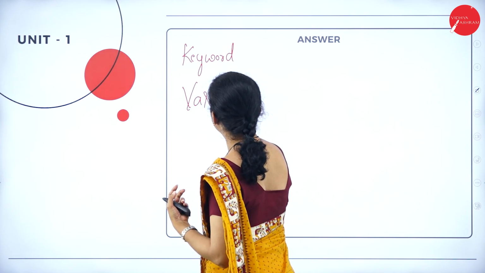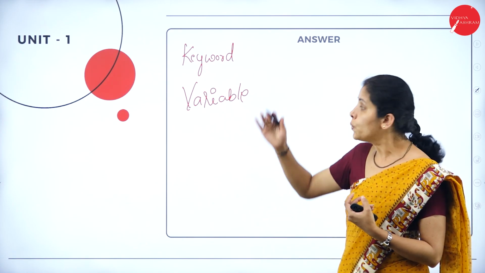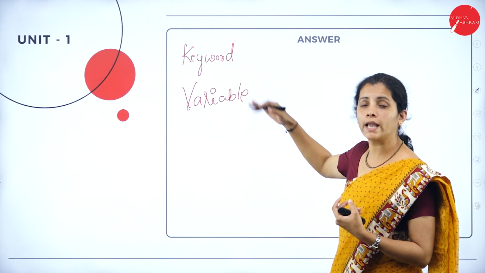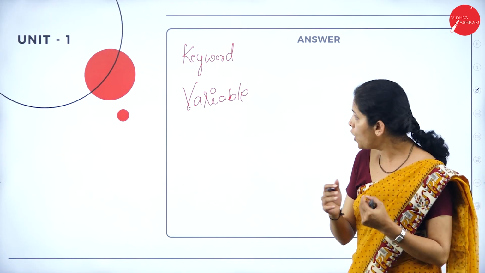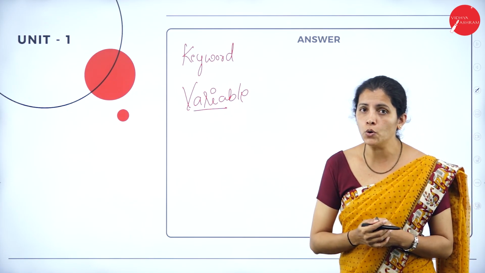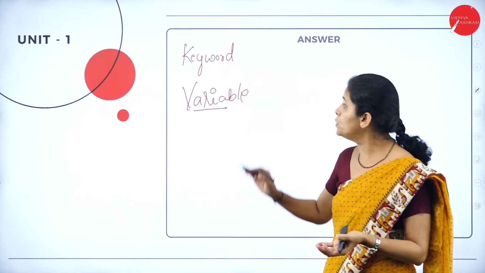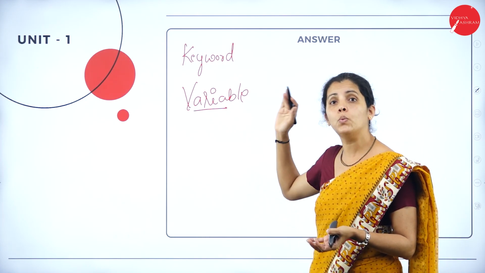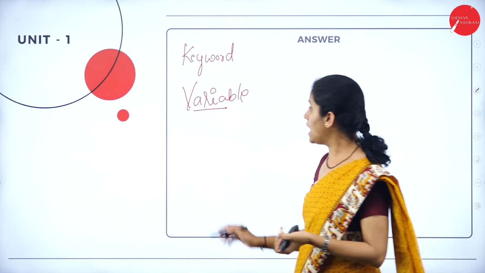As the name itself indicates, the values vary. In the sense, I am able to store different values. Or it is nothing but the name given to a memory location. Along with that, please study how to define the variable with example.